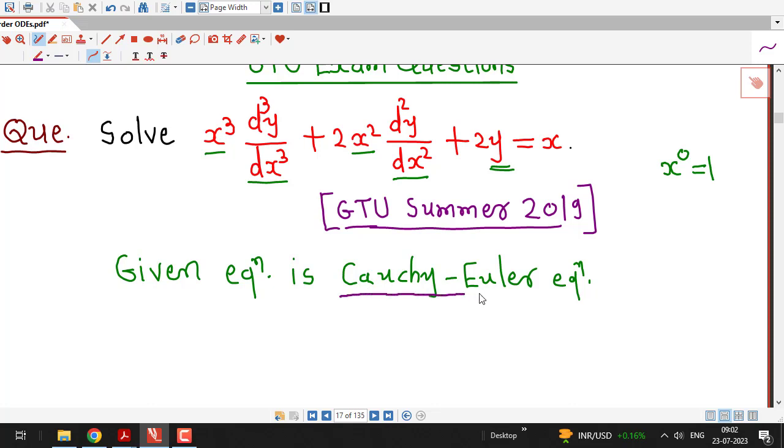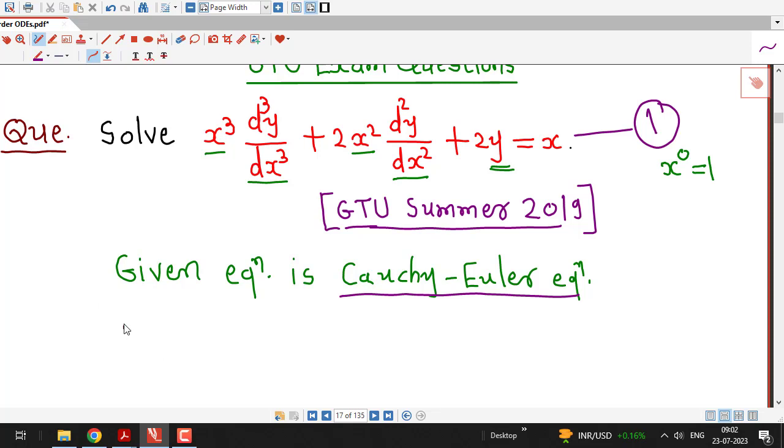So because this is Cauchy-Euler equation, we have to consider some transformation, and using that transformation we can convert this equation number 1 into differential equation with constant coefficients.